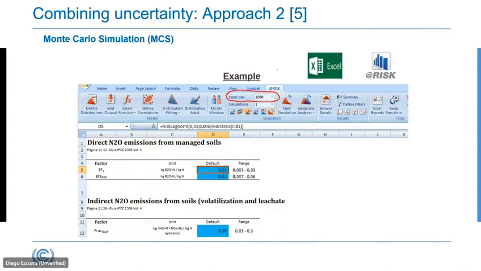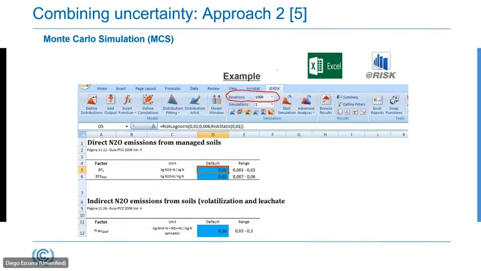So the idea is to increase the number of iterations until we see that the probability density function, or the histogram, we are seeing as an output more or less stays stable. If we increase the iteration number and we see that the average and the standard deviation start to converge to some values, then we know that we have a high enough number of iterations to have reliable values.